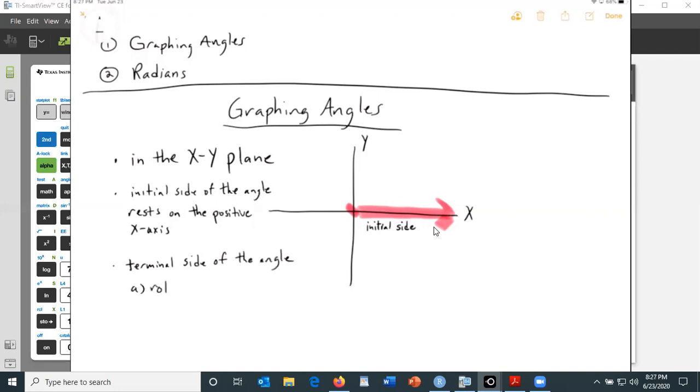It either rotates counterclockwise, which makes it a positive angle, or it rotates clockwise, which makes it a negative angle.